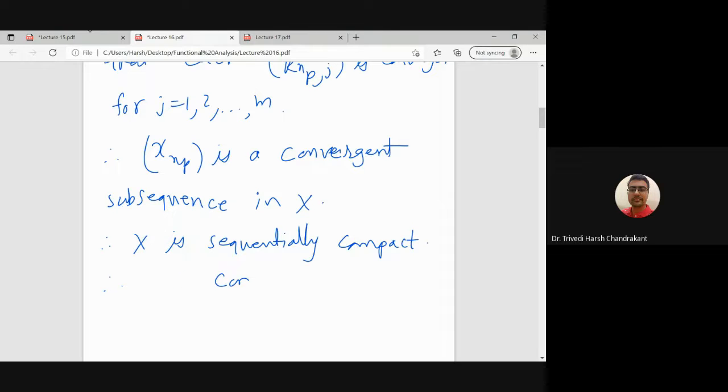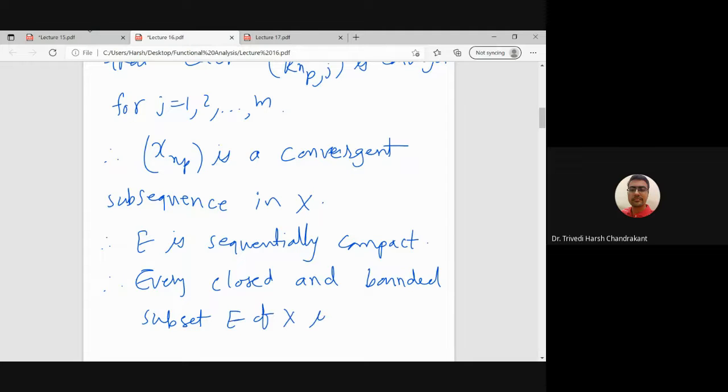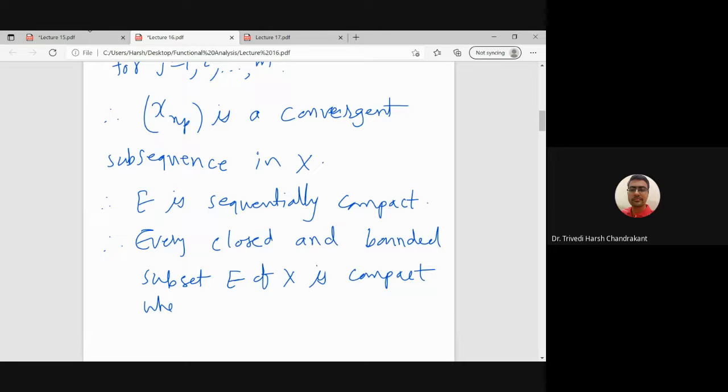So sequentially compact, that means every closed and bounded subset E of X is compact whenever X is finite dimensional.